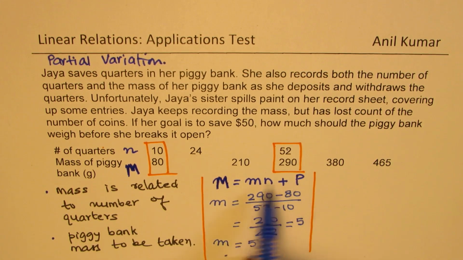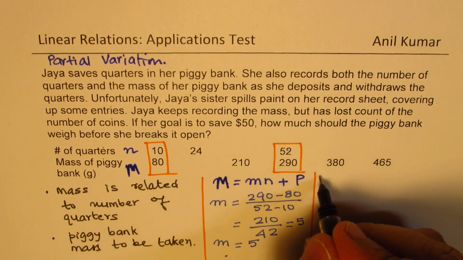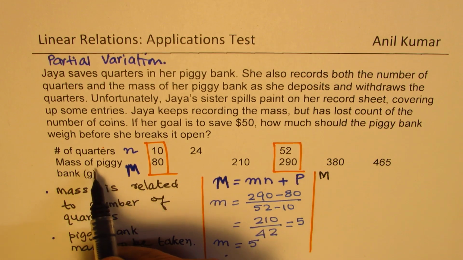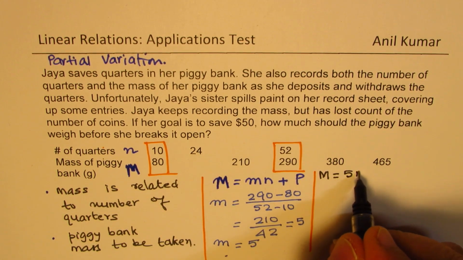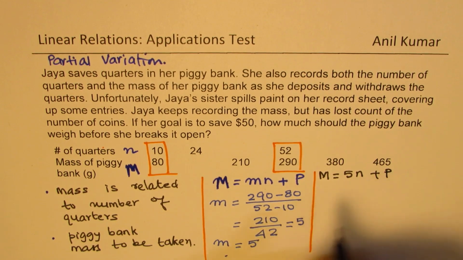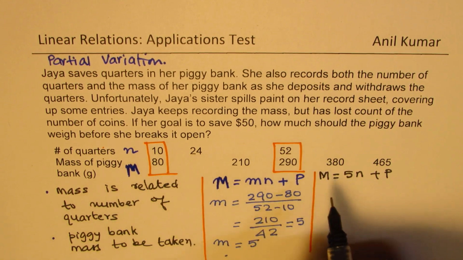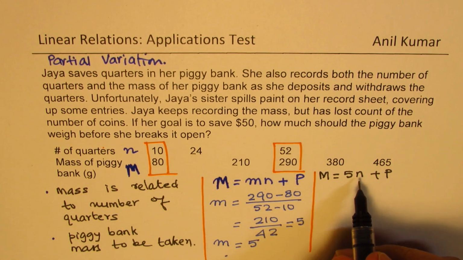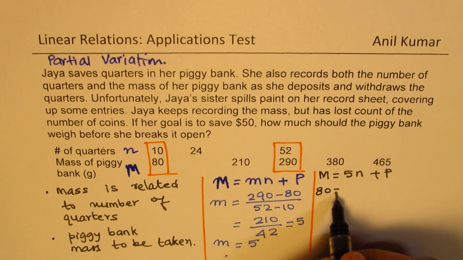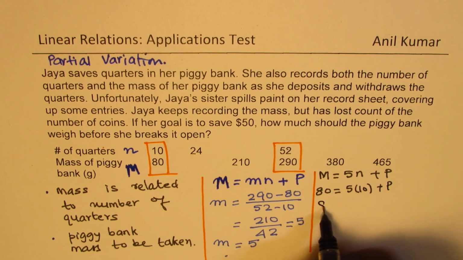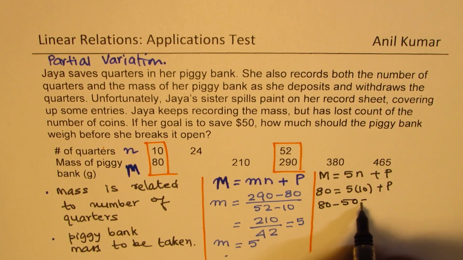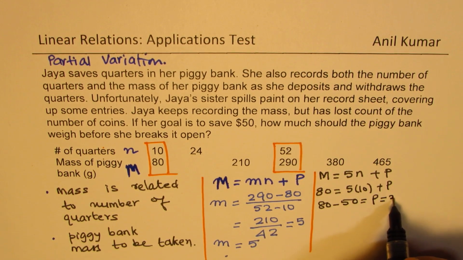Now to find p, we can use one of these values. We have the equation that capital M, the mass of the piggy bank plus the quarters, is equal to 5 times the number of quarters plus p. Here n is 10 and M is 80. So we get 80 equals 5 times 10 plus p, and 80 minus 50 is the mass of the piggy bank, which is 30.